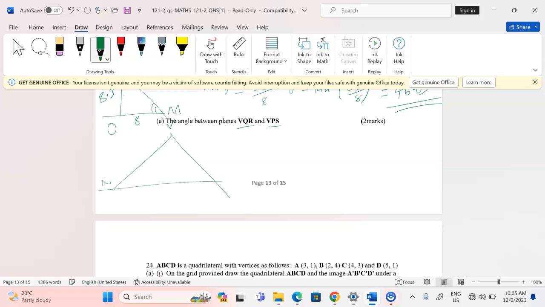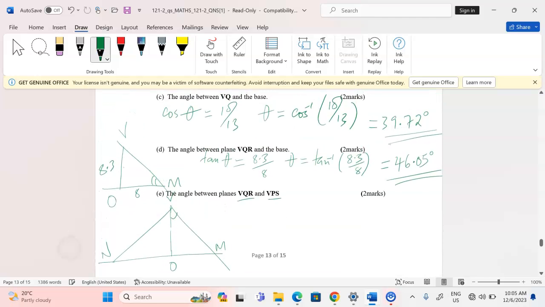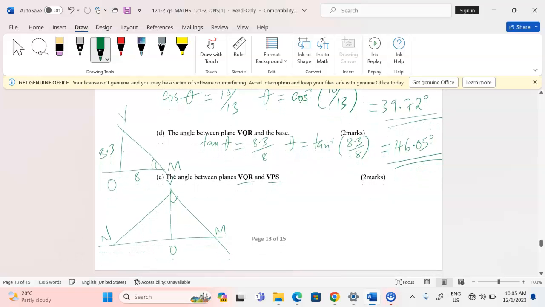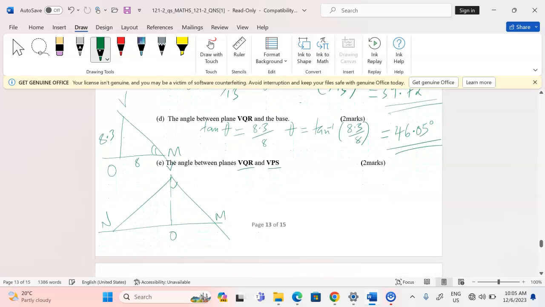Now that this is O, we already have this angle as 46.05, which we have already done. Therefore, the angle NVM will be 46.05 times 2.